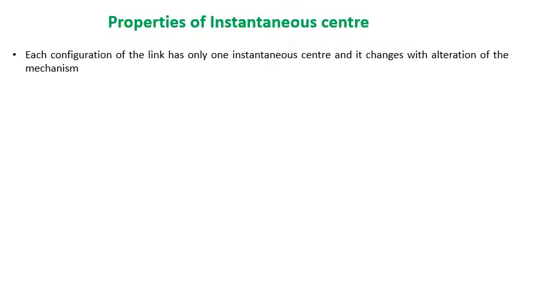So next one, properties of an instantaneous center. For this instantaneous center, we have certain properties. So let us see one by one. The first one is, in a kinematic chain, each configuration of a link has only one instantaneous center, and it changes with the alteration of the mechanism. With this example, I would like to explain this.